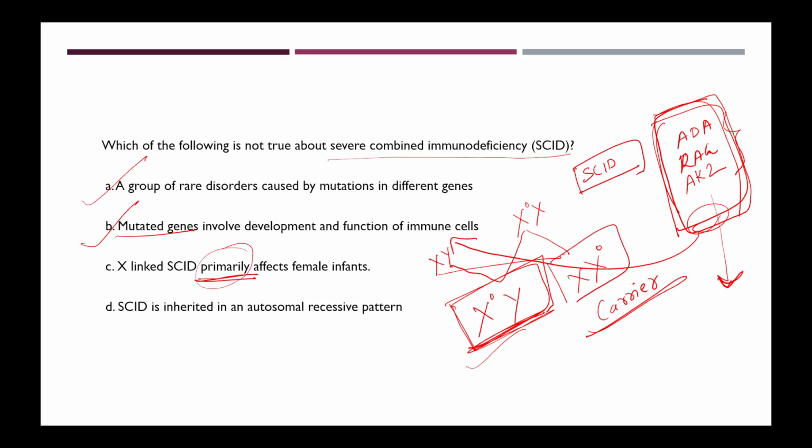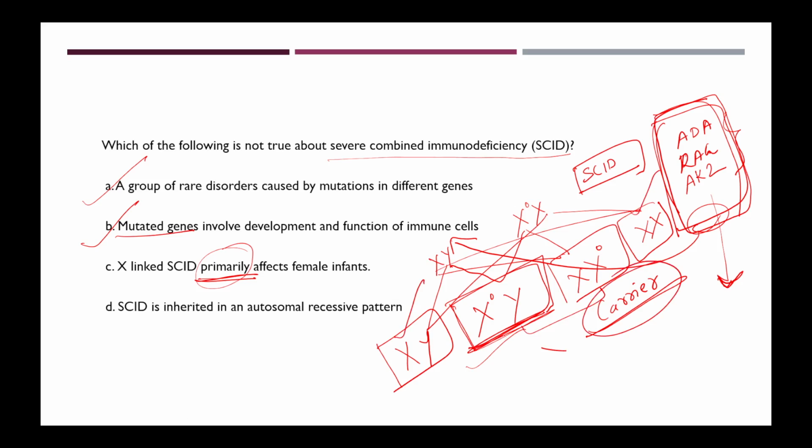If we see this one, these four phenotypes or genotypes you will be getting, right? But these two are healthy. However, among these two, this one becomes a carrier and this one will be affected, right?